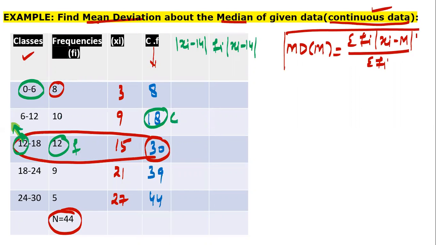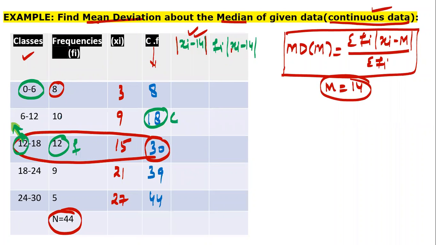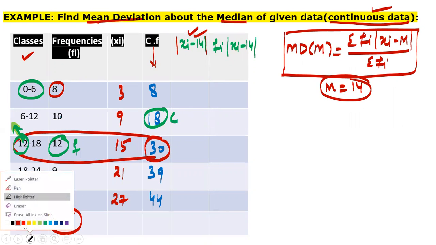According to the formula, we will make the next column, that is the absolute value of xi minus M, and we have already calculated M as 14. Then next will be fi into the absolute value of xi minus M. So let's find out the values.